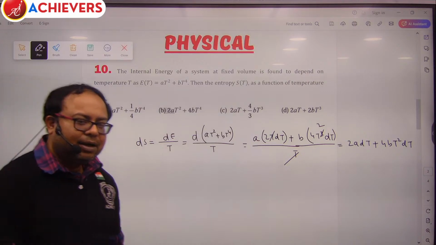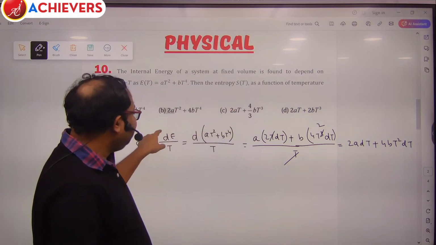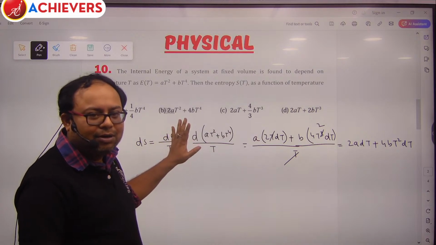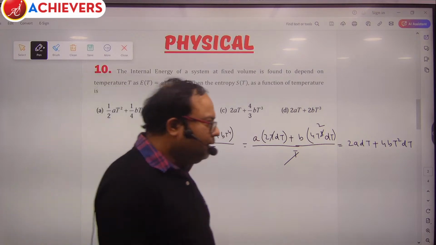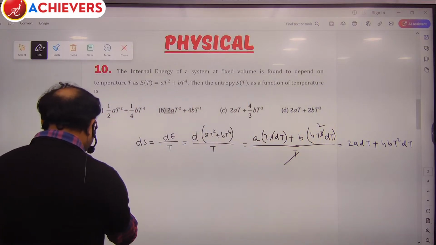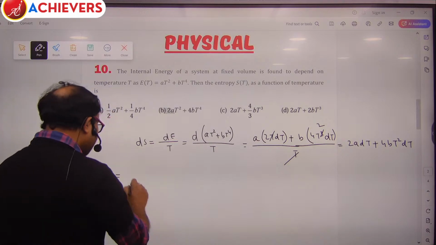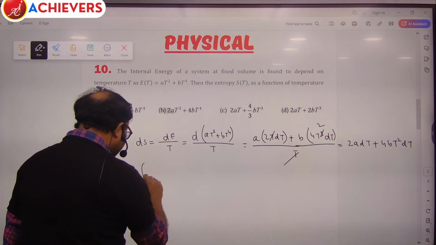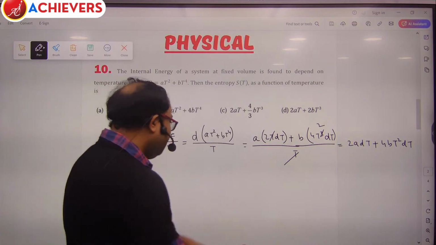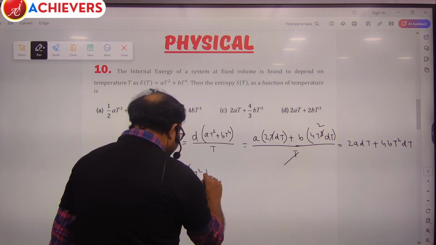The mistake I made previously was I substituted E in place of dE. That was wrong. Now you have to integrate it indefinitely. So 2a is a constant pulled out of integration. 4b is again a constant pulled out of integration.